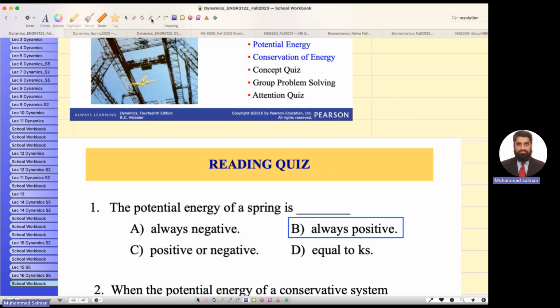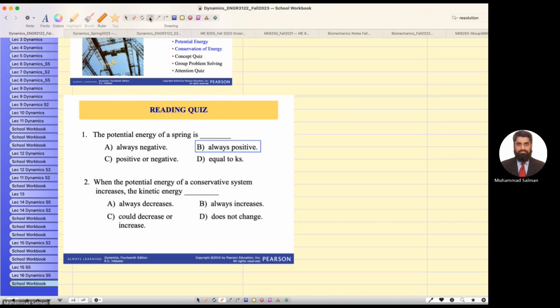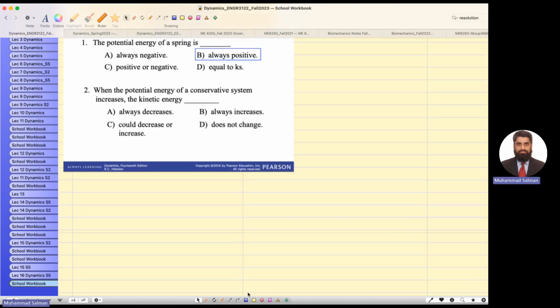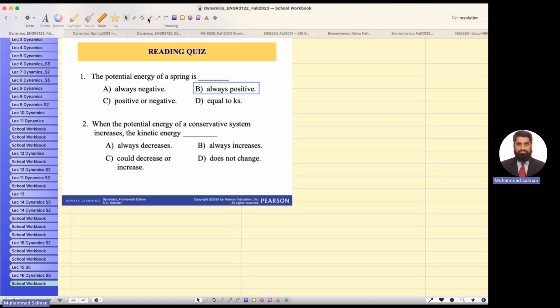Always positive. Why is that so? The strain energy stored in the spring, which is a potential energy, we call Vs equals half k delta x squared.